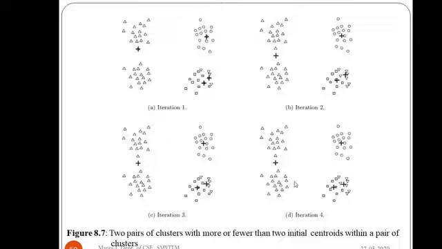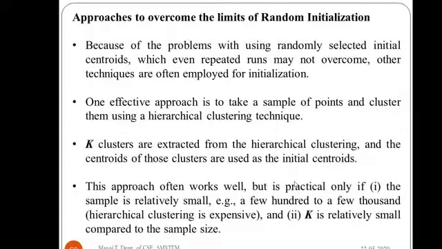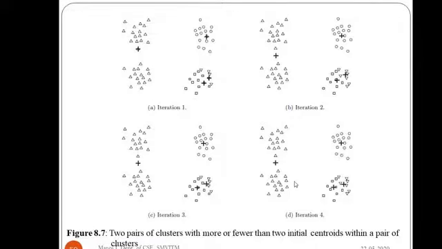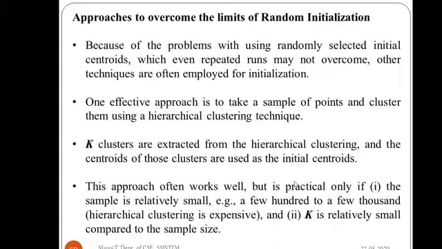That is why taking multiple runs with different initial centroids may not always lead us to the optimal clustering. It may give suboptimal clustering. That is why that is not a very good approach for solving the problem of selection of the centroids.